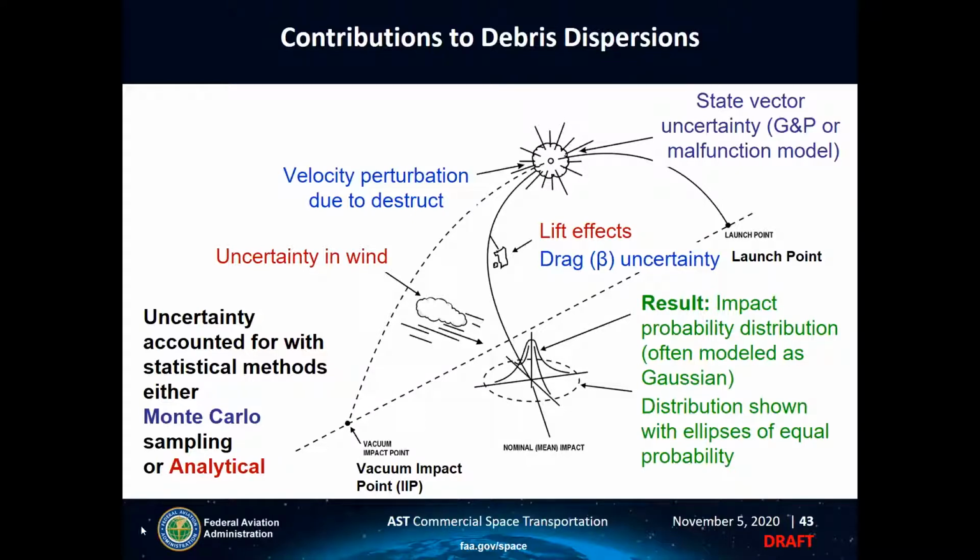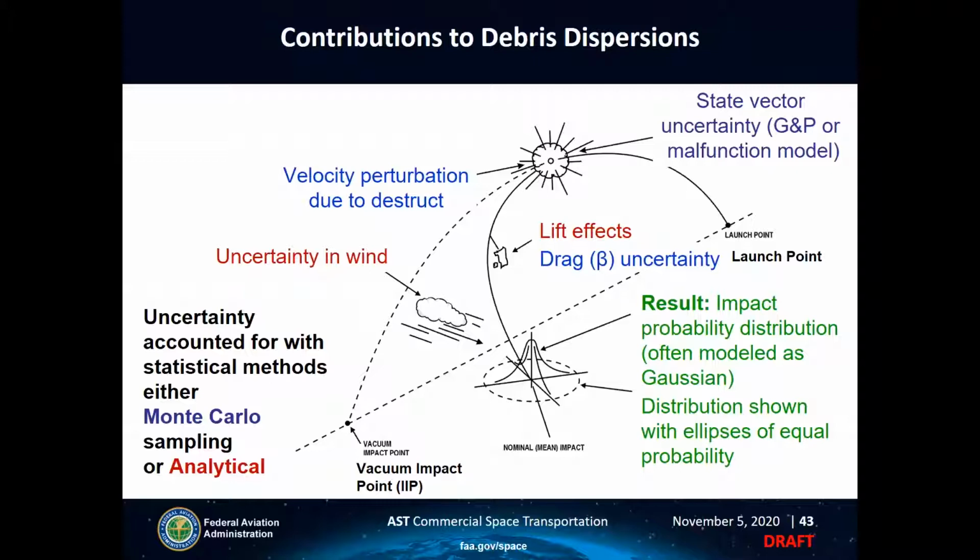So in addition to the drag dispersion uncertainty, because these are highly irregular pieces, of course, it's very difficult to predict their ballistic coefficient with great certainty. So we're going to have some contribution to the impact probability dispersion due to our inability to predict the ballistic coefficient with great accuracy. In addition, there's lift effects.